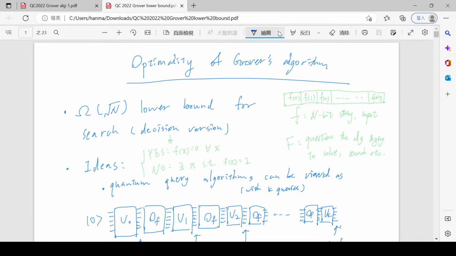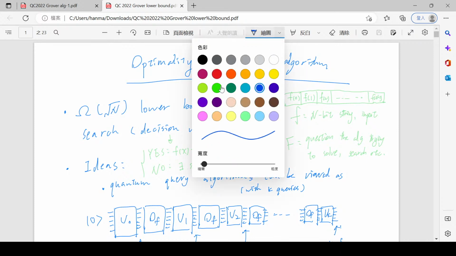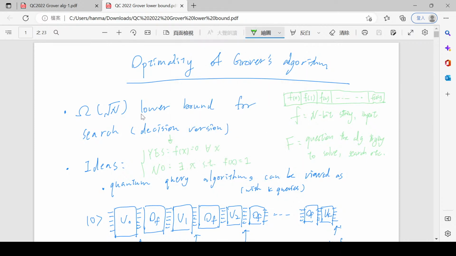And it's quite hard. So lower bounding everything in computer science is hard, and lower bounding the query complexity for a quantum algorithm is even harder.